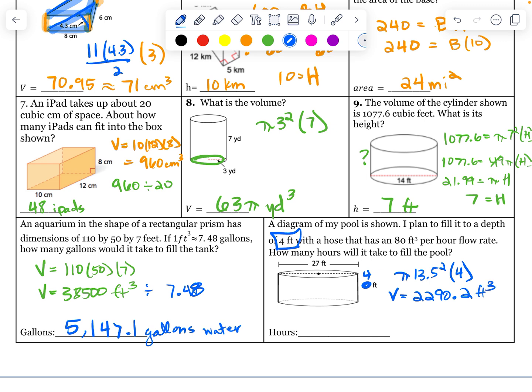The hose takes 80 cubic feet per hour. So I'm going to take this and divide by my 80 cubic feet, which means it is going to take 28.6 hours. Gosh, that's a day and change. It's a lot of time.